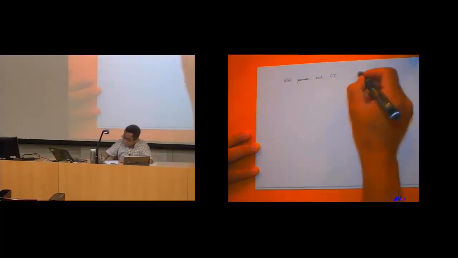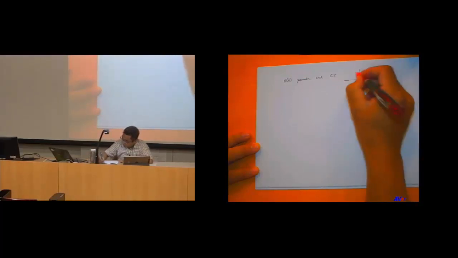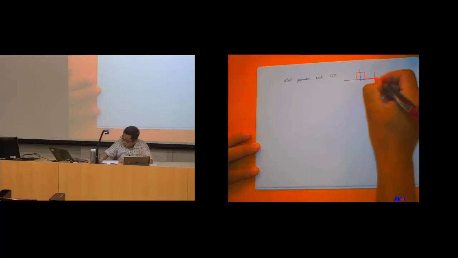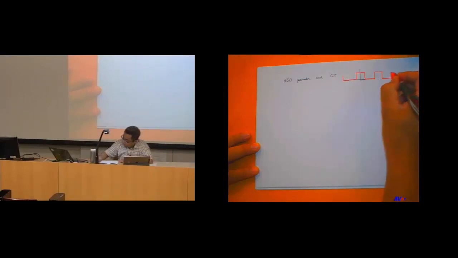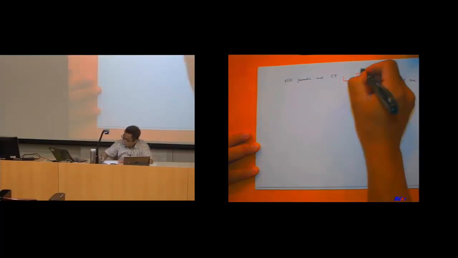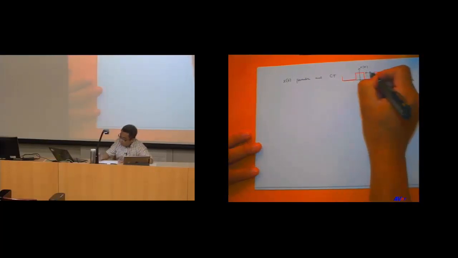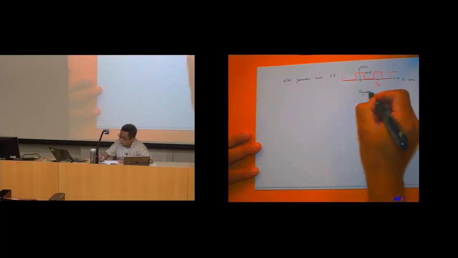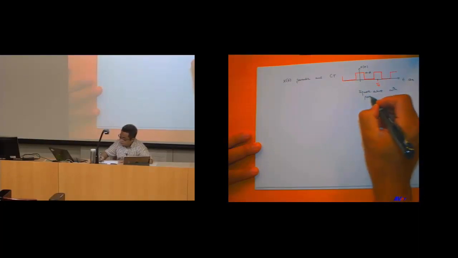For example, this is a periodic signal, t in seconds. This is x of t. And we have an amplitude of A here, and we have a square wave with period T naught.